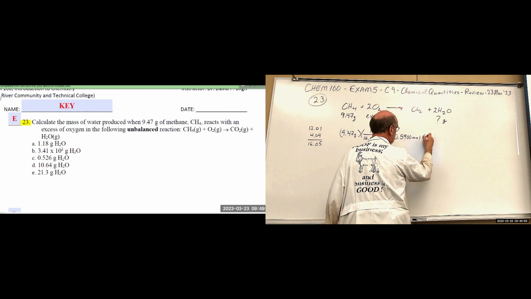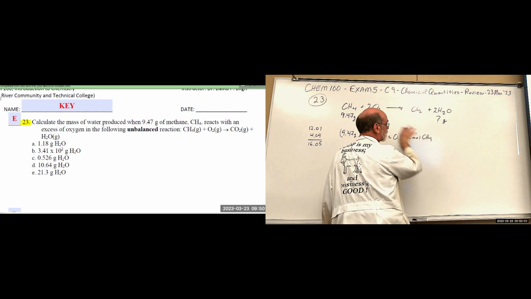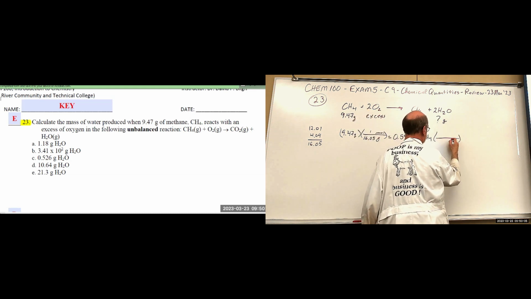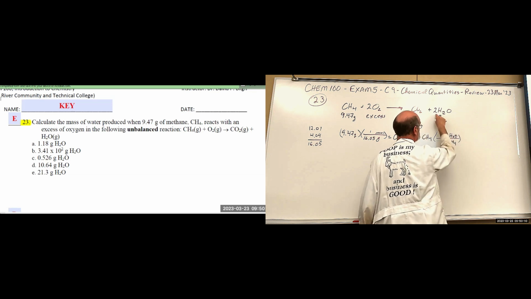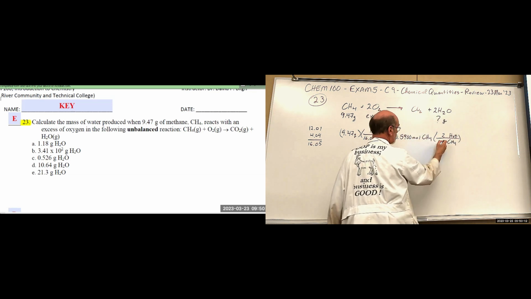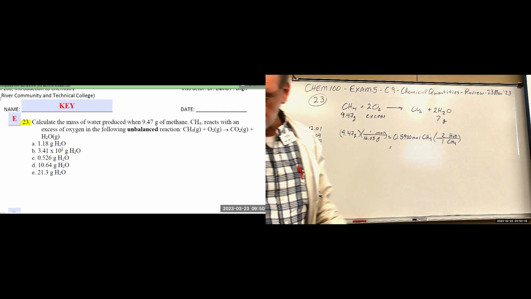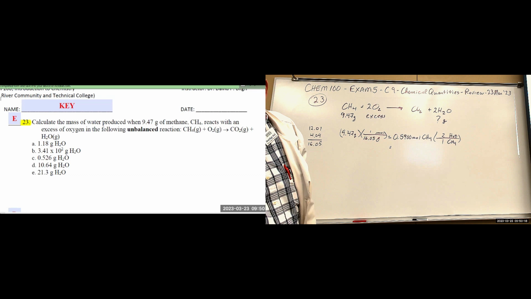That's how many moles of methane. So we're going to convert that to moles of water using the coefficients, right? 2 here and 1 there. So 2 times that value will be the moles of water produced.